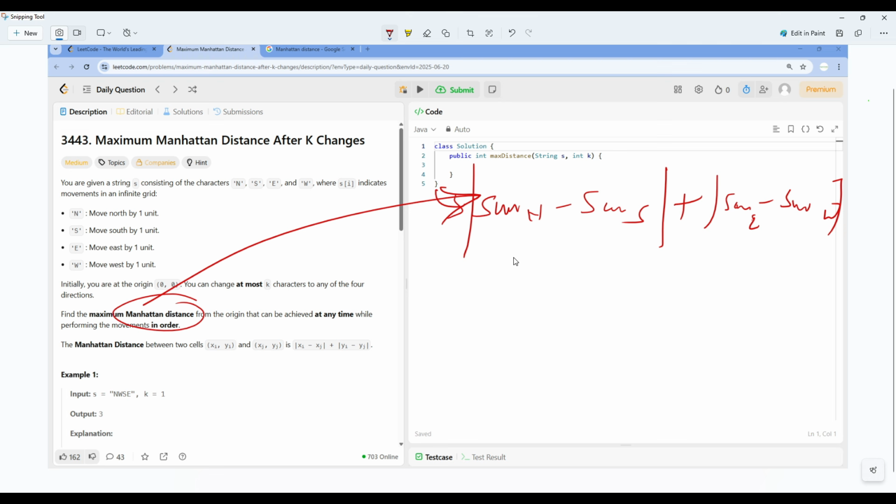You can write these two using Math.abs. So what are these things we have given? Sum n, sum s, sum e and sum w represent the number of occurrences of the characters north, south, east and west.